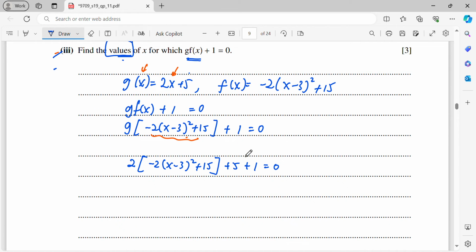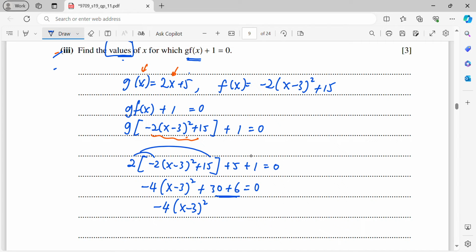So then from here, I will just multiply the 2 first, I will get negative 4 times (x minus 3) squared, plus 2 times 15 is 30. And then plus 6 equals 0. Then from here, that is basically minus 4 times the quadratic, and then this is plus 36.